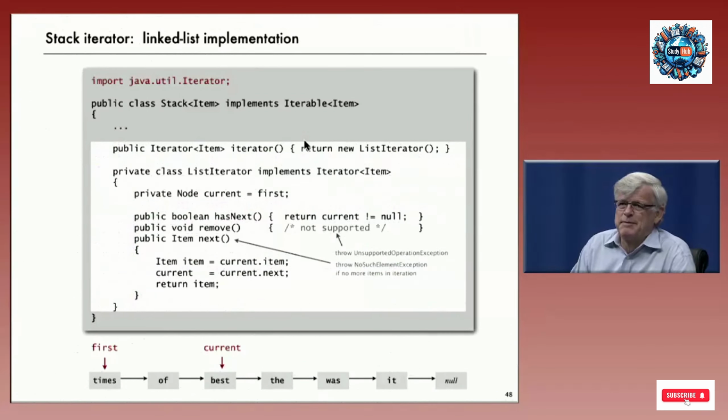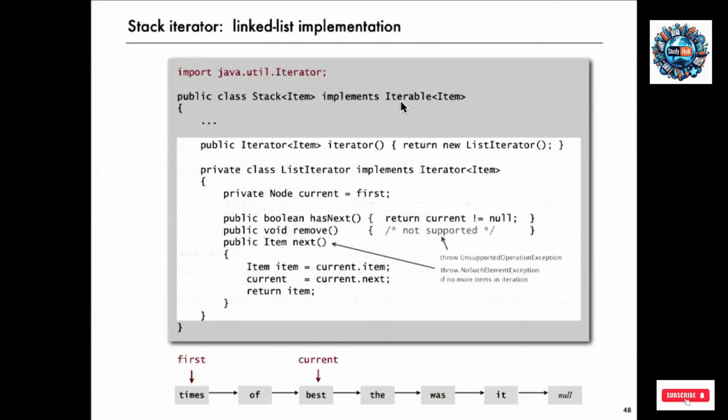So here's what it looks like for linked lists. It's got to implement iterable. What does that mean? It's got to have a method, iterator, that returns an iterator. What's an iterator? We're going to use an inner class, in this case called ListIterator, that implements Iterator, and it's generic.